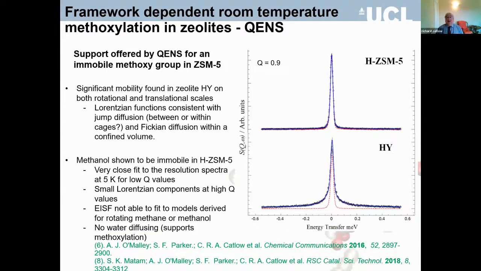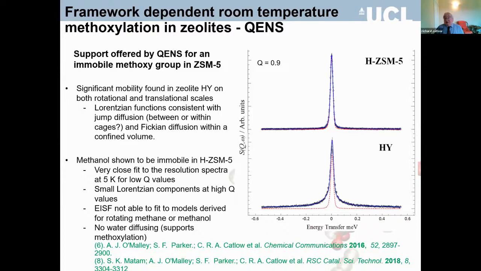You then do your QENS, and here is the QENS data. Now at the top you have the ZSM5. What we're showing is that you do get some broadening of the elastic peak due to purely instrumental factors, and you can predict what those instrumental factors are.